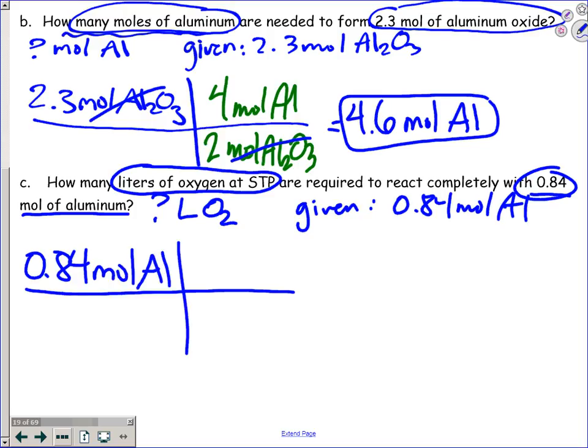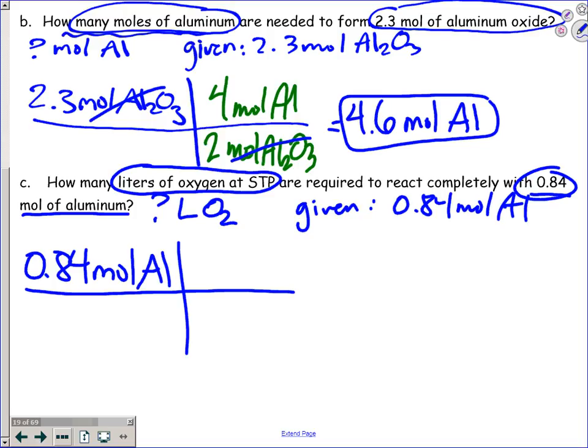Now, before I problem solve, follow me on the board. Let's assume that my aluminum is the first thing I always have, so I'm going to just call it A here. Where am I starting at? Particles, grams, volume, or moles? I'm starting here, so this is moles of aluminum. Where do I have to go? I have no choice.